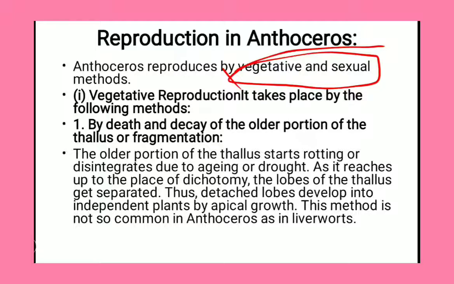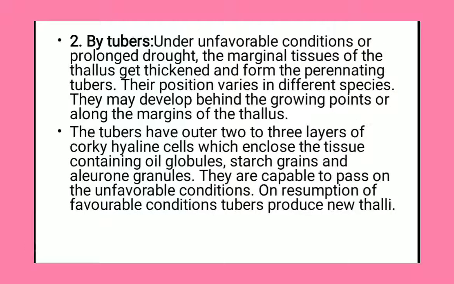Fragmentation means the lobed portions become distinct from their parent's body and develop further into new plants, and this vegetative reproduction is known as fragmentation. All of these vegetative reproductions we briefly discussed in our previous lecture.